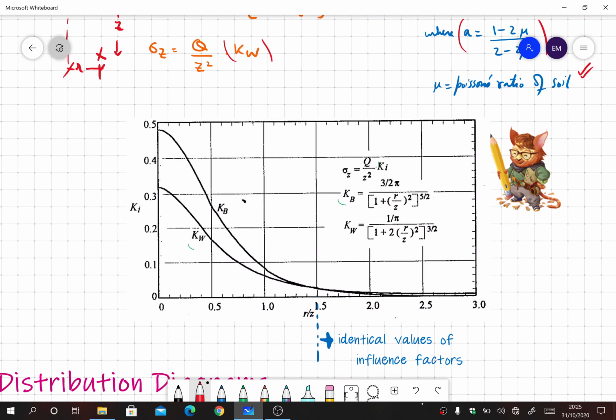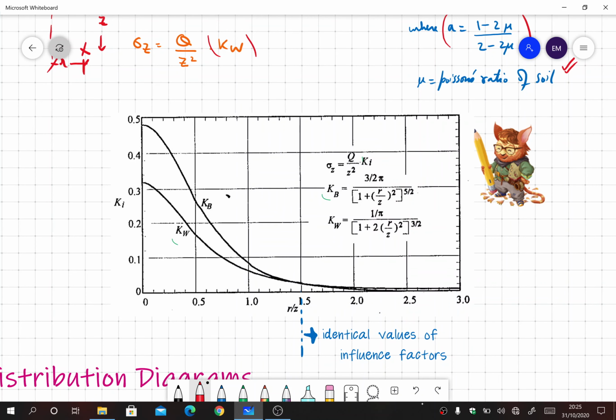So a little comparison between the two methods, Westergaard and Boussinesq. The chart has been plotted between R over Z and Ki, which means it can be either Kw or Kb. You see there, if the R over Z value is larger than 1.5, then Kb and Kw do not have any difference, they will give you the same value of stress.